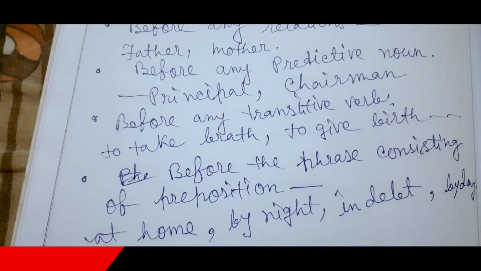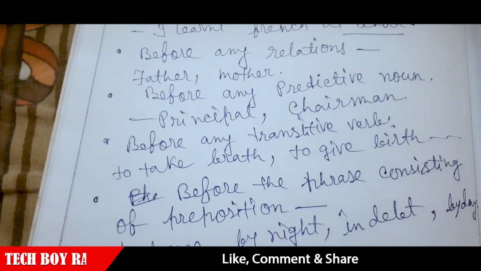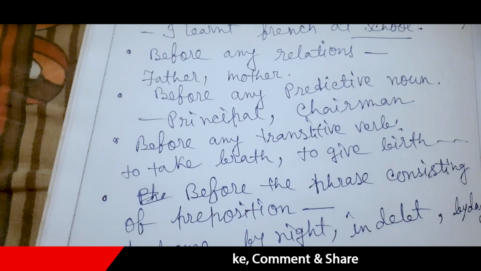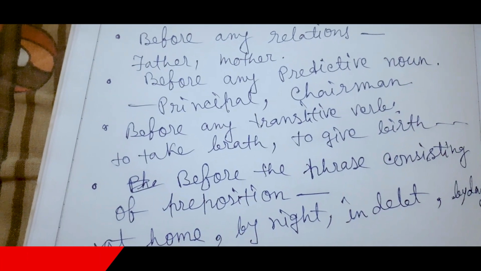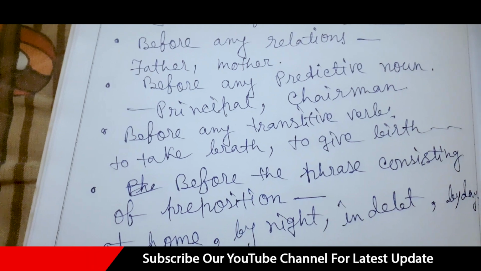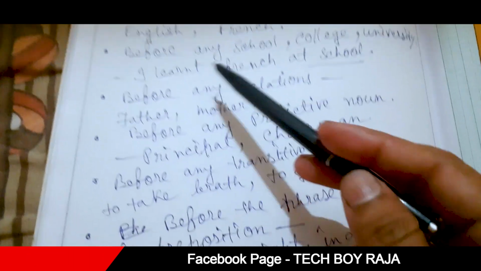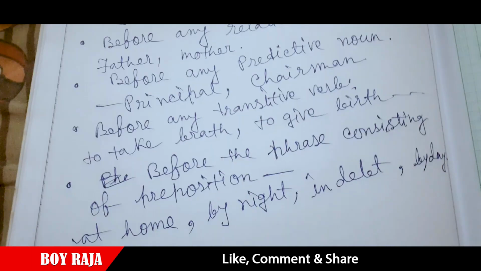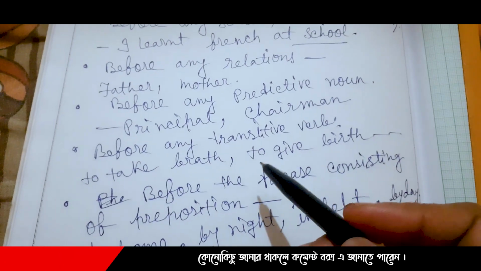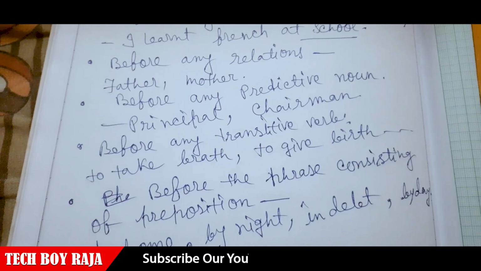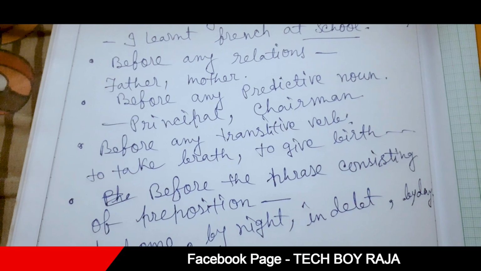Sometimes there are errors given in our exam, where you have to choose which use of article is correct, which use of article is wrong. So I hope you will remember all these points, and I have already mentioned some before that also. If you continue practicing these points, no need to make any error regarding the use of articles.